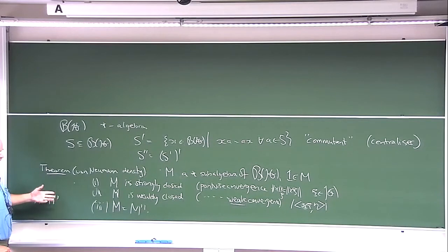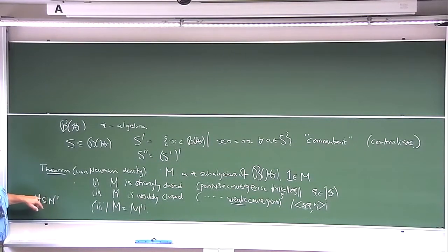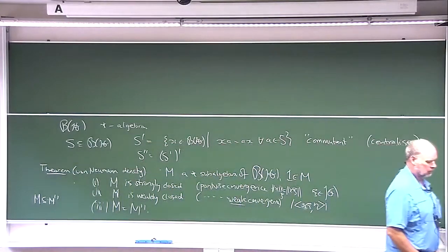The commutant is, by definition, the set of all things that commute with everything that commutes with M, and obviously M commutes with everything that commutes with M. So what this is saying is that if you take this subalgebra of the second commutant and take its closure in either of these topologies, you get the second commutant. So that's why it's called the density theorem.